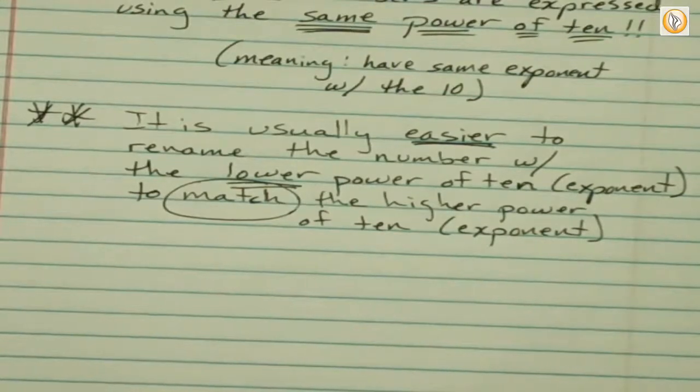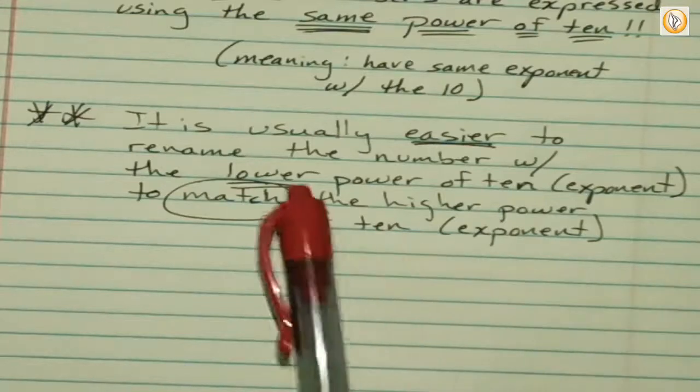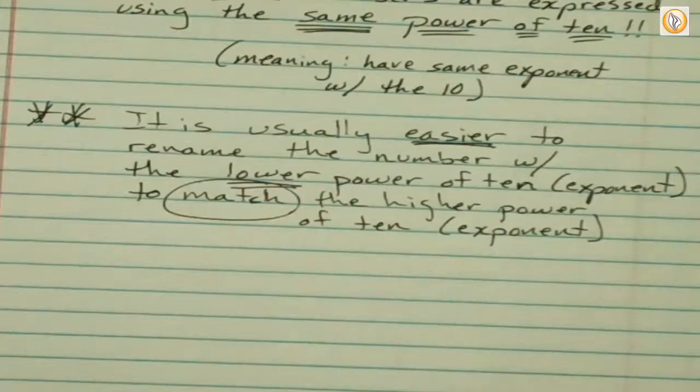Okay? That's all you need to do. I have found all through school, and it may even be written in your book, it is easier if you mess with the lower one. Now, some of you may want to say, well, let me see if it's easier. That's your opinion. I'm going to try my way. That's fine.